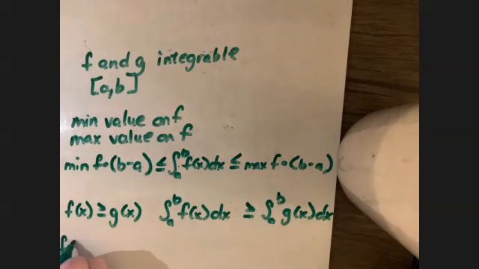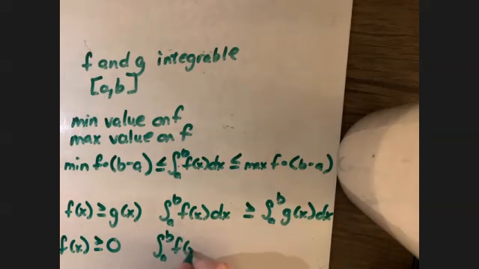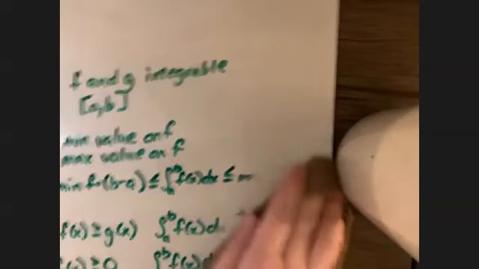Now if f of x is always greater than 0, meaning the function is always above the x-axis, then the integral will also be greater than 0. So we're going to look at a couple of pictures of just a few of these. I'm not necessarily going to do all of them, but I am going to do a couple of them.